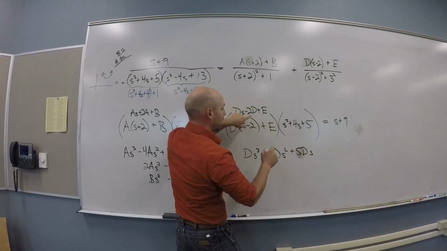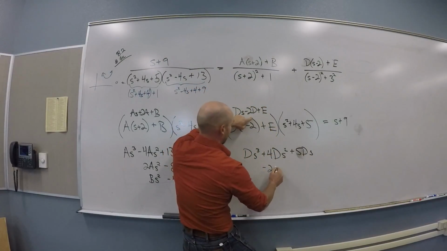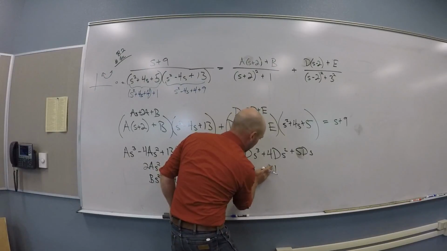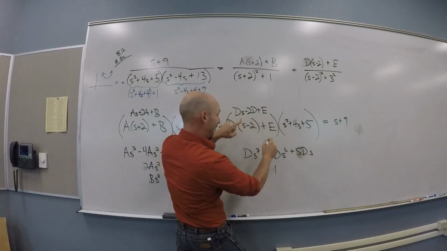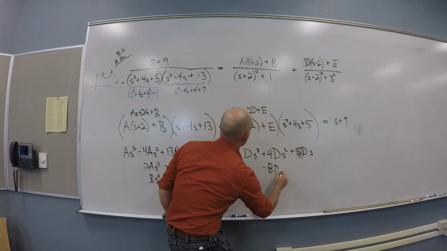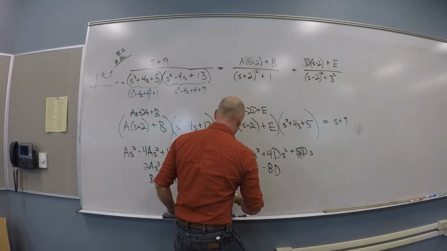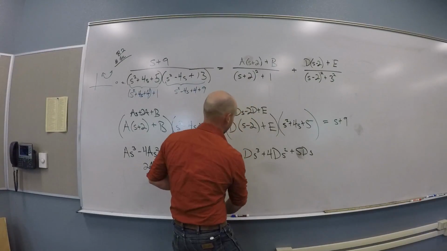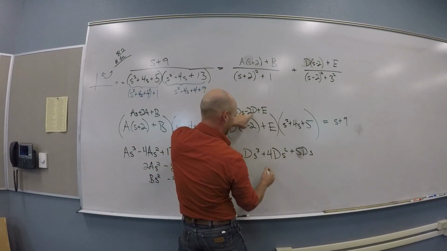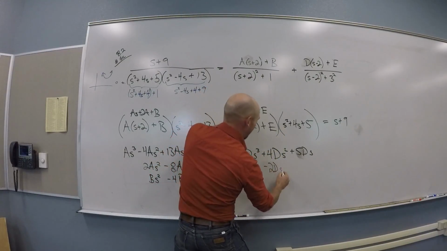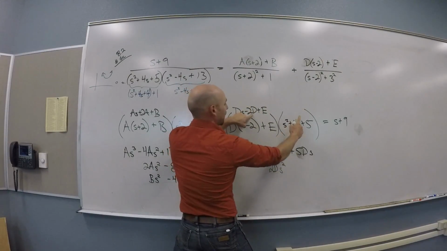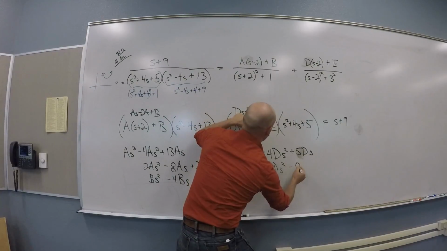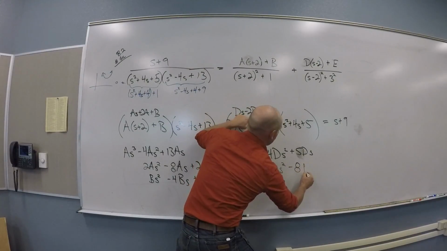And then this guy is Ds cubed plus 4Ds squared plus 5Ds. And then the middle guy is minus 2Ds squared, minus 8Ds.